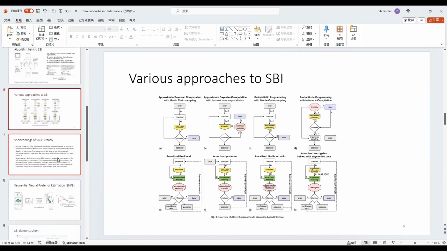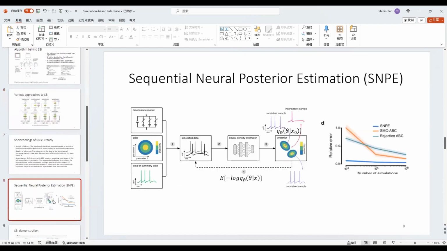One of the ways is SNPE, where we try to learn the estimate.